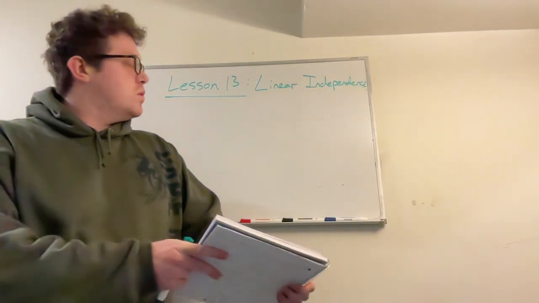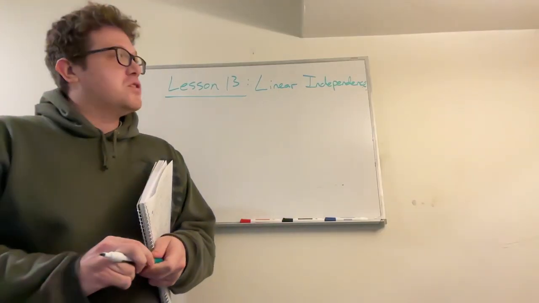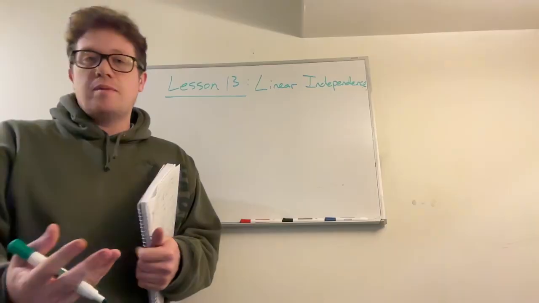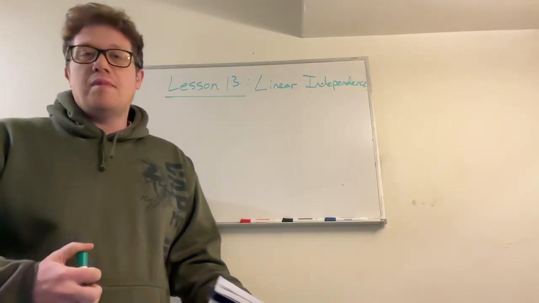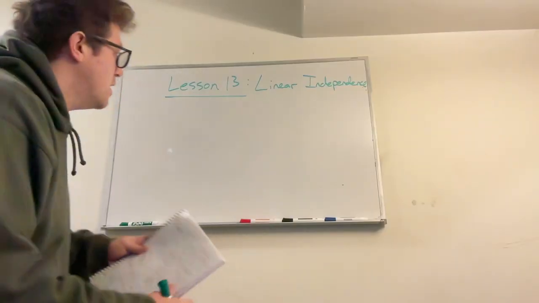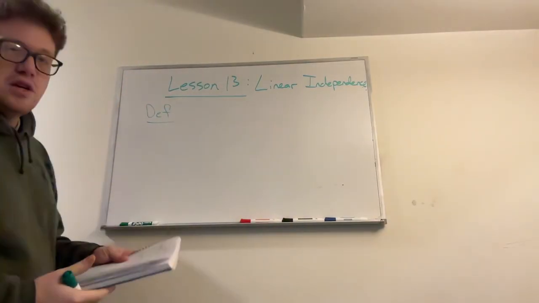Right, so first, Axler defines what is a linear combination of vectors. If you give me a list of vectors from the vector space, what does it mean to take a linear combination of them, or what does it mean for a vector to be a linear combination? This is 2.2.